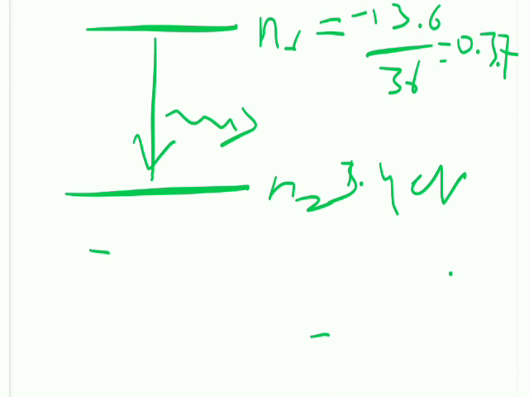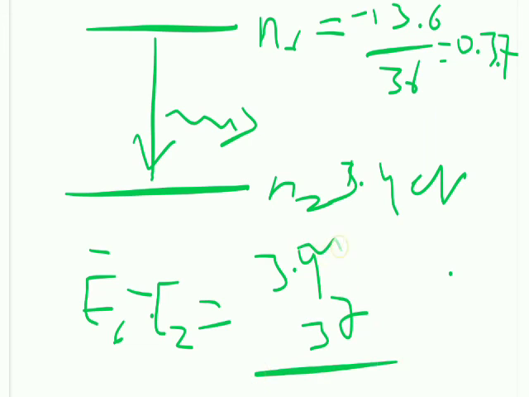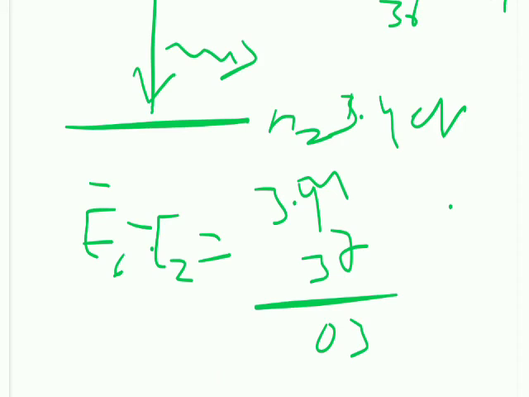Then the resultant energy E6 minus E2 is about 3.03. The third option is 2 to 6, which means it is the absorption spectra, so it is not right.